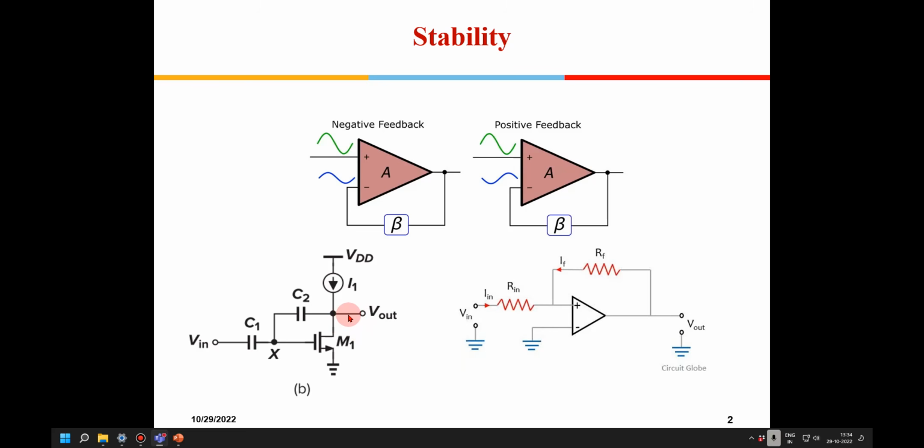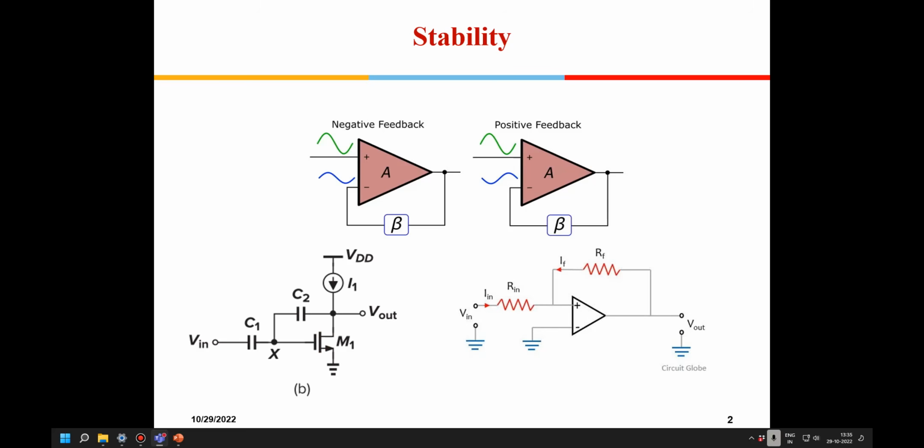It is 180 degrees out of phase. So this subtraction is already taken care of here. That is why these two signals subtract from each other, and the difference signal is fed to M1. Okay.